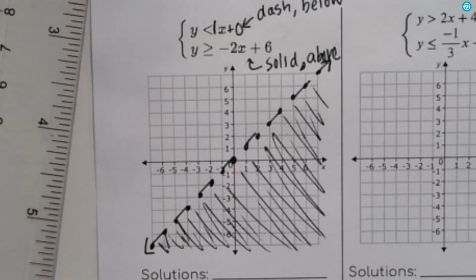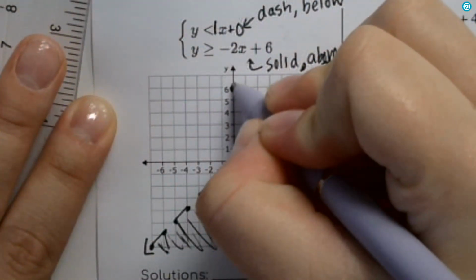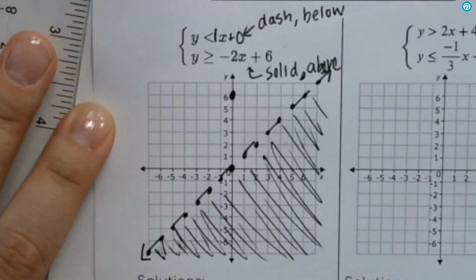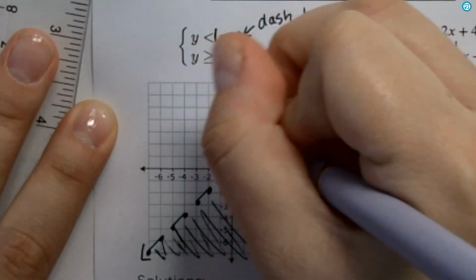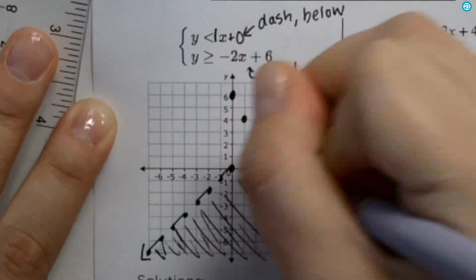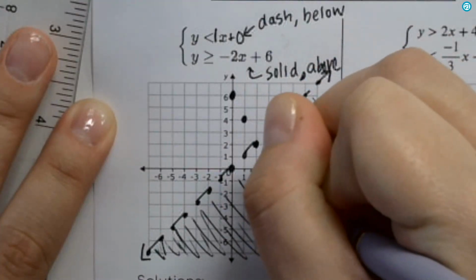Okay, then from there, any questions about that first one? Okay, we have to be able to do a whole another graph on there, so that's why we don't want to shade so dark that we can't see what's underneath it. So now we're going to graph y is greater than or equal to negative 2x plus 6. So we're going to start at 6. My slope is negative 2. So I'm going to go down 2, right 1, down 2, right 1, down 2, right 1.